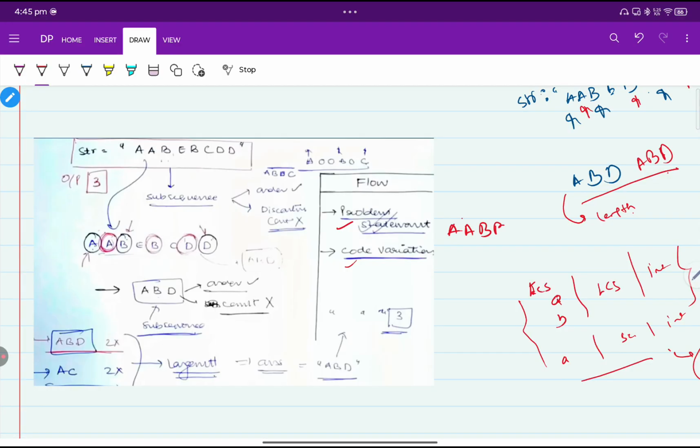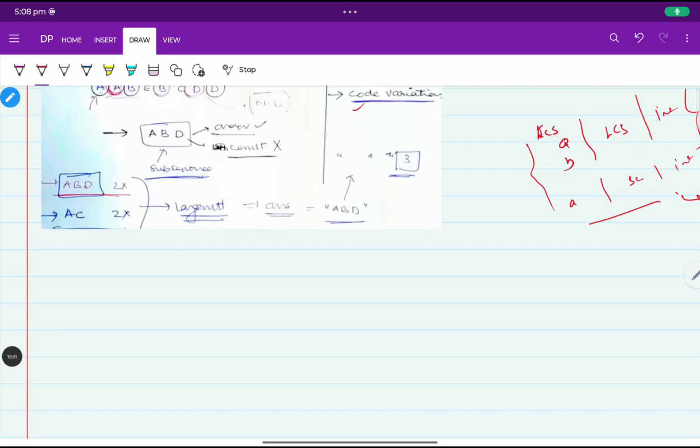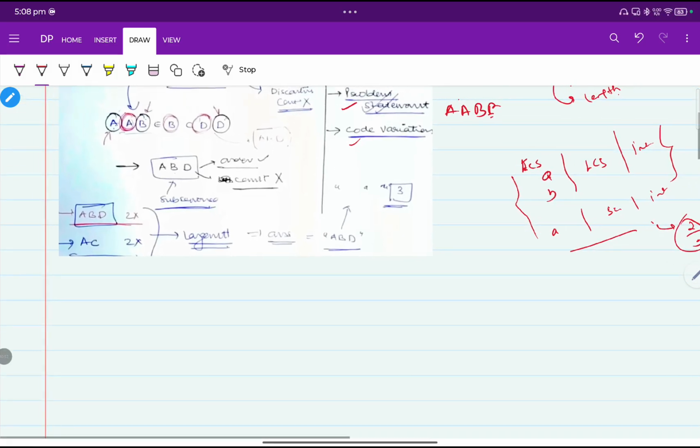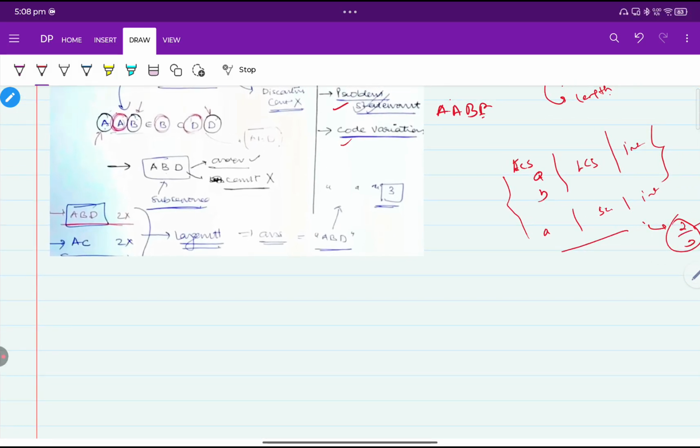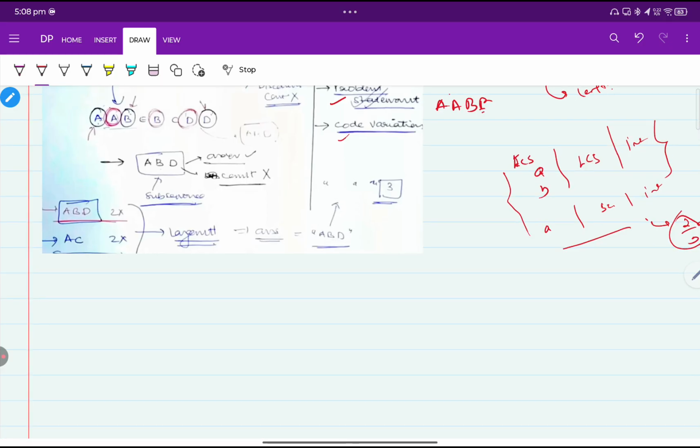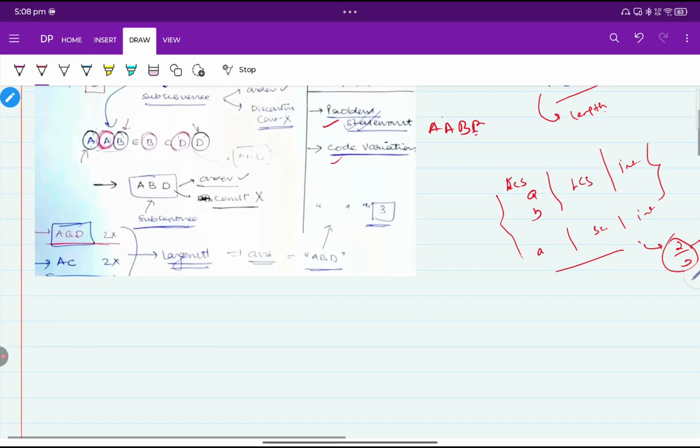Did you understand the problem statement? The problem is taking the subsequence without taking the same indexes at all. How to solve that?